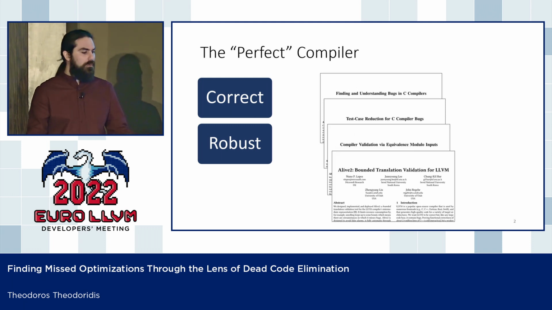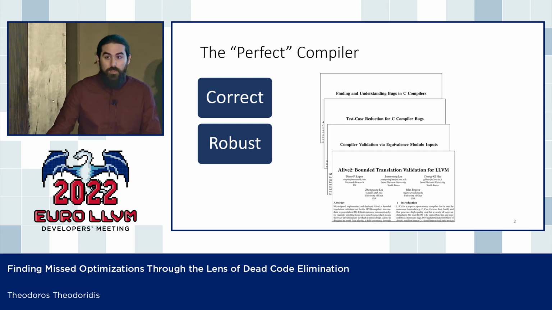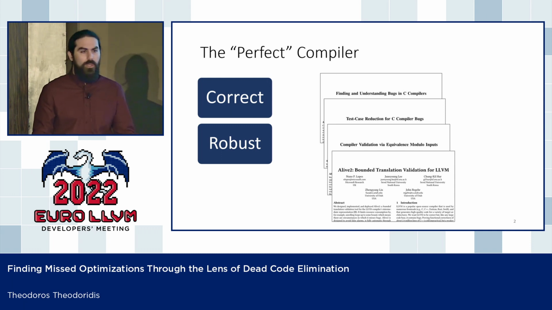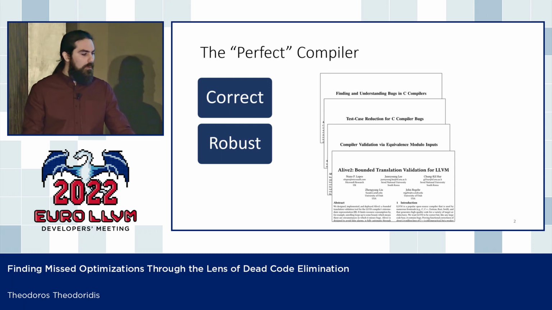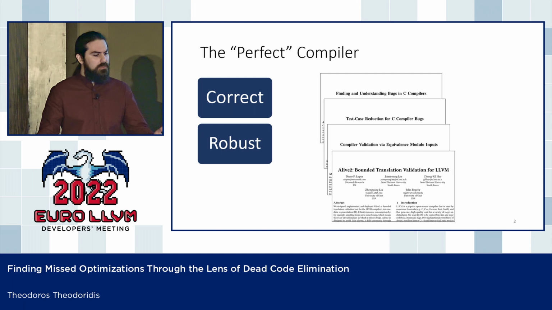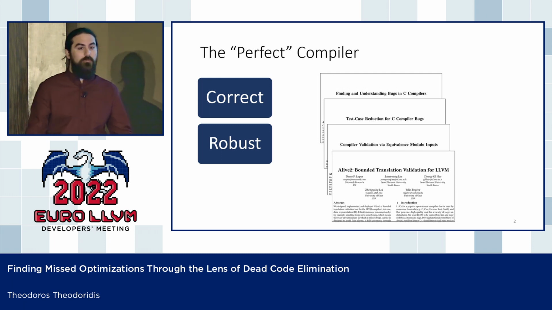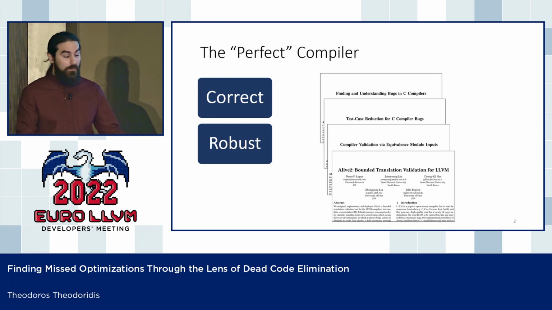Other approaches include EMI or Alive2, which are being actively used today to validate transformations, to find crash bugs or miscompilation bugs, and so on.